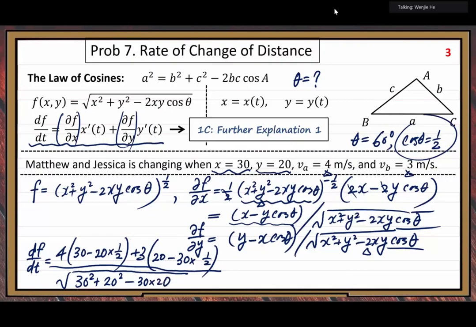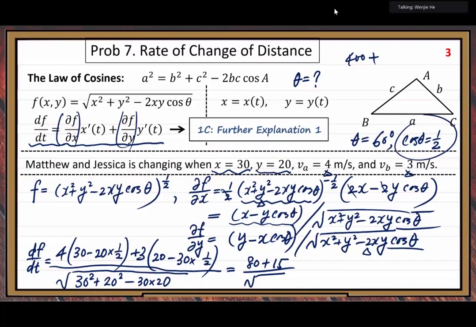All right. Then let's do simplification. 10, 20, 80 plus 15, 5, 15, over the root of 20 squared, that's 400, plus 30 squared minus 30 times 20. So we take 30 out.